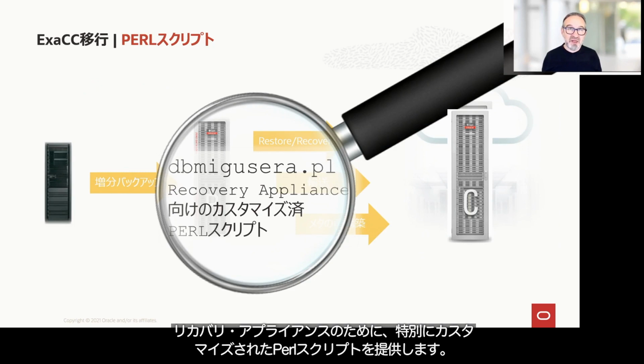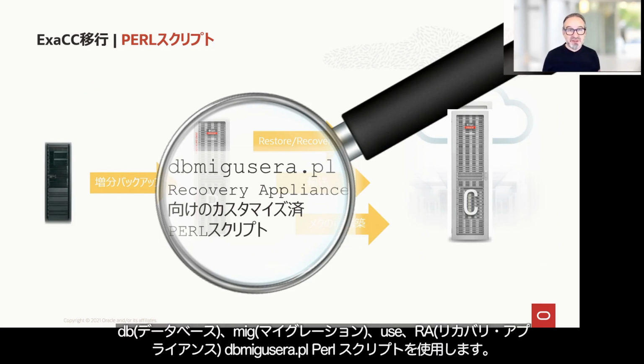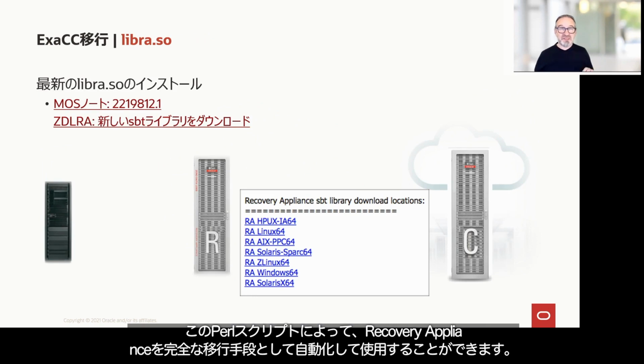And for the recovery appliance, we offer special customized Perl scripts. So DB, database, MIG, migration, use, recovery appliance. DB MIG use RA PL, Perl scripts, and we will use them, because these Perl scripts allow us to automate and use the recovery appliance as our perfect migration vehicle.